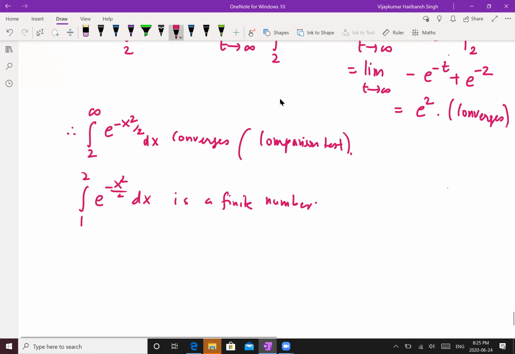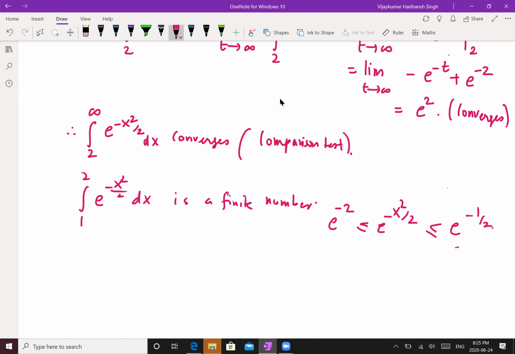You can prove it if you want by noticing that e to the power minus x squared by 2 is a decreasing function, so it will be between some powers of e. What is the lowest power we get? Since we are looking at a negative power, the bigger the negative power, the smaller the value. At 2 we get 4 by 2, and at 1 we get 1 by 2.